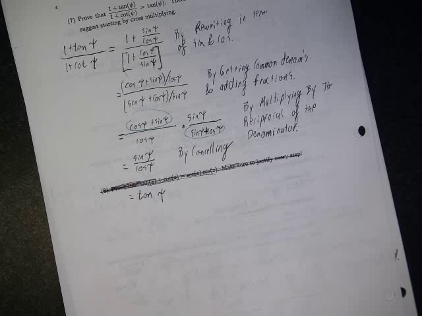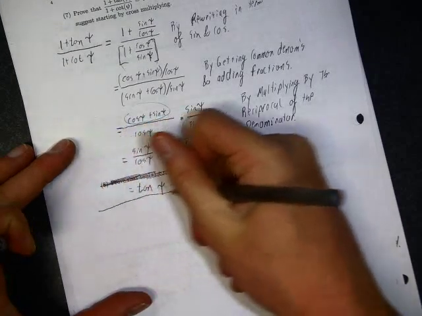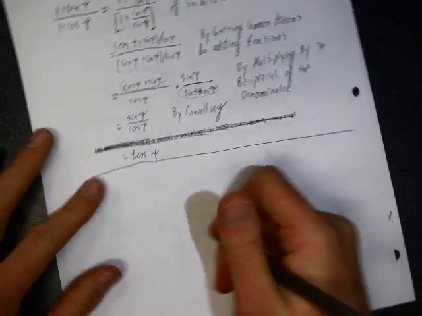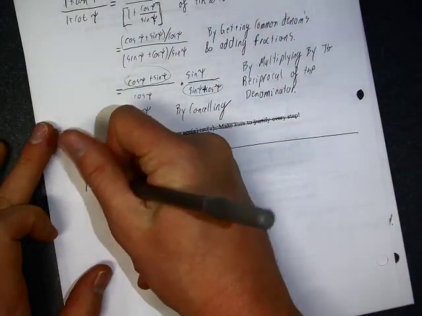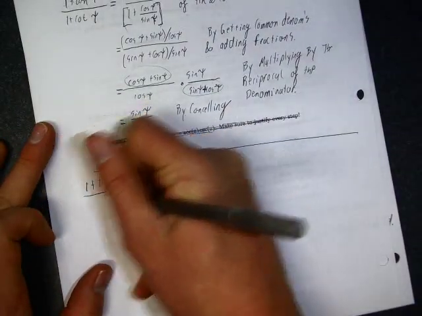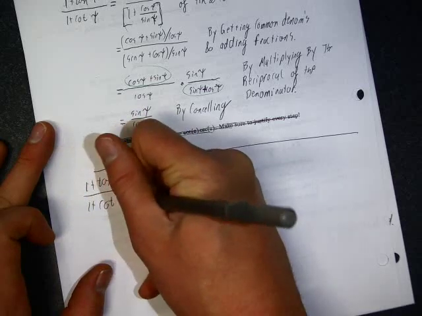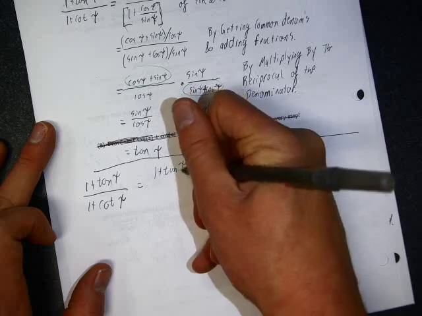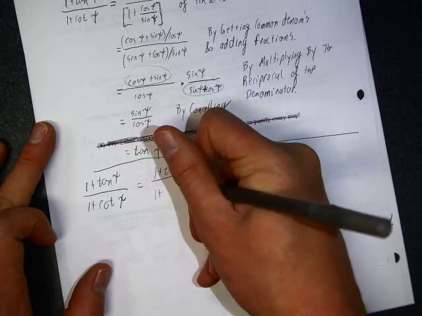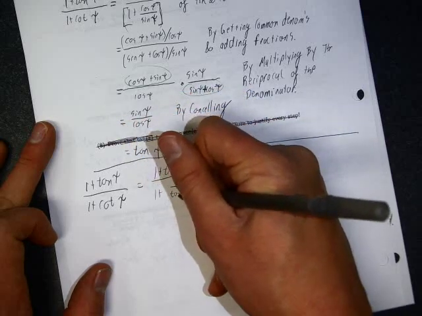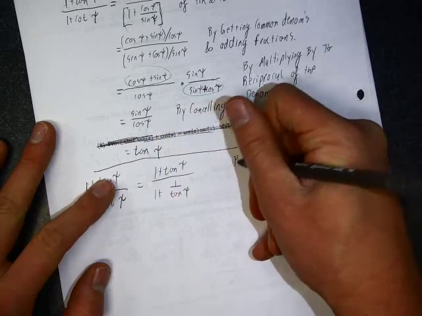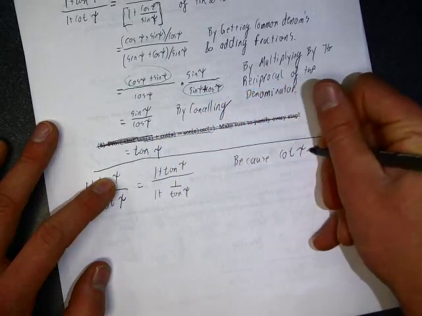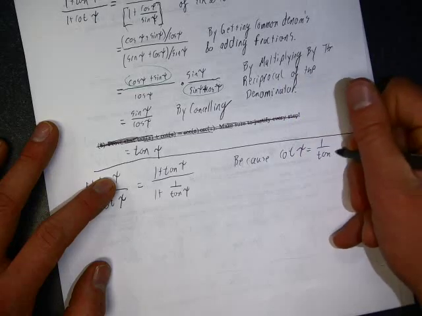Here's one proof, here's another. Here's another first step: 1 plus tangent psi divided by 1 plus cotangent psi is equal to 1 plus tangent psi divided by 1 plus 1 over tangent psi, because cotangent psi equals 1 over tangent psi.